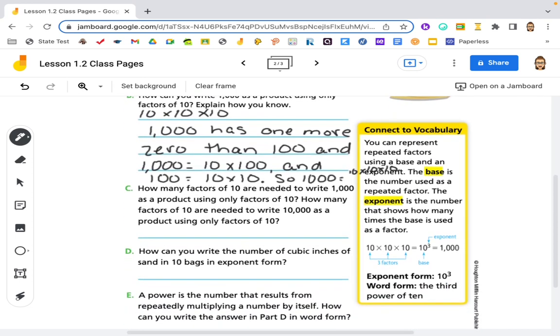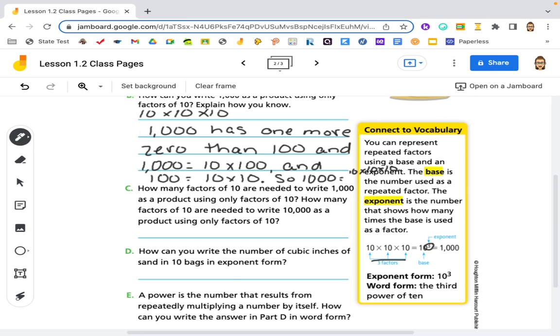So then over here on the connective vocabulary it says you can represent repeated factors using a base and an exponent. The base is the number used as the repeated factor. The exponent is the number that shows how many times the base is used as a factor. So in our example, we have 3 factors, and so we have an exponent of 3. So this is how many factors of 10 are needed to write 1,000 as a product using only factors of 10.